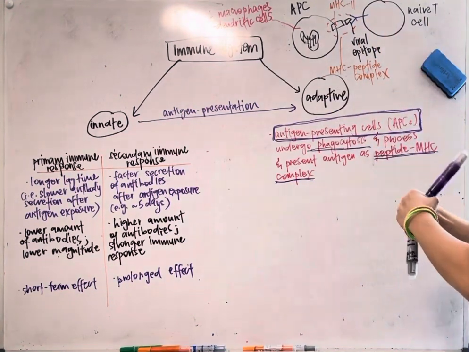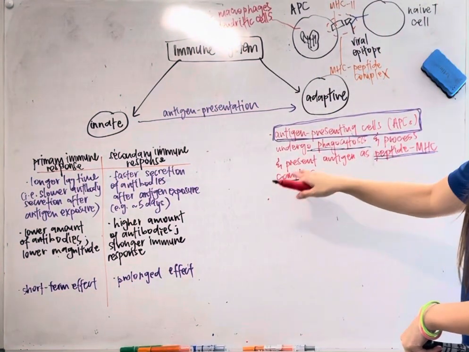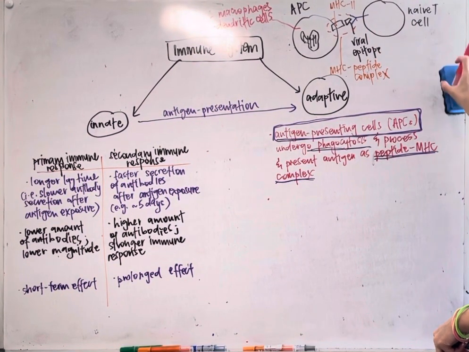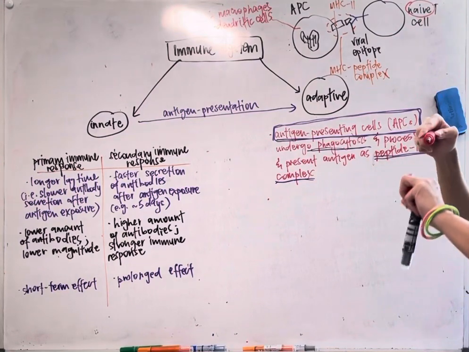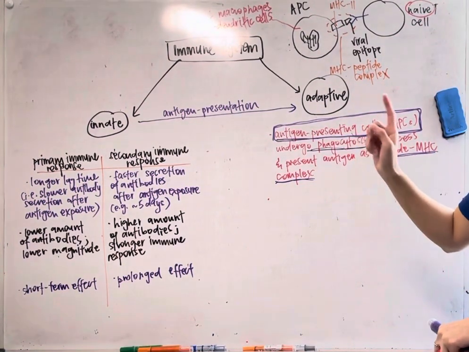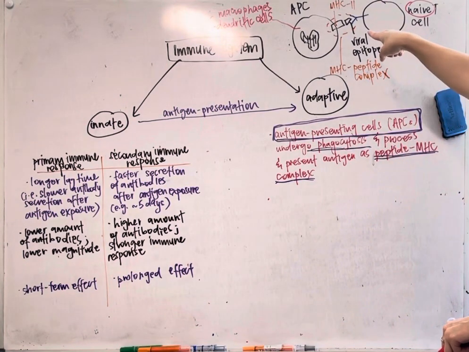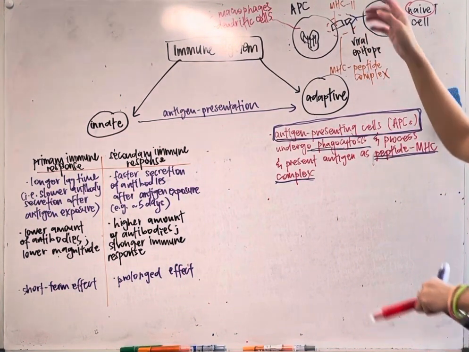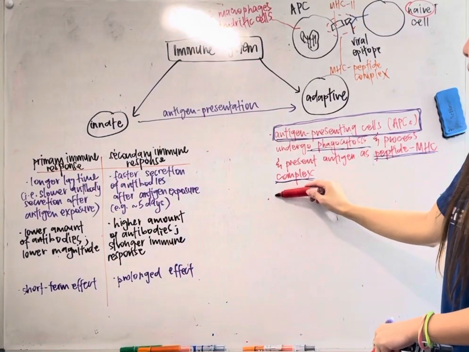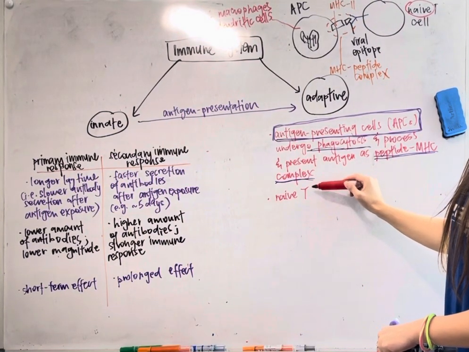Second thing, after your antigen presenting cell, who is the one that will actually recognize this? You always start off with the word naive. Naive means they are not yet matured. They only get matured after clonal selection, that will secrete your cytokines. So after which, I always want to see naive T cell.